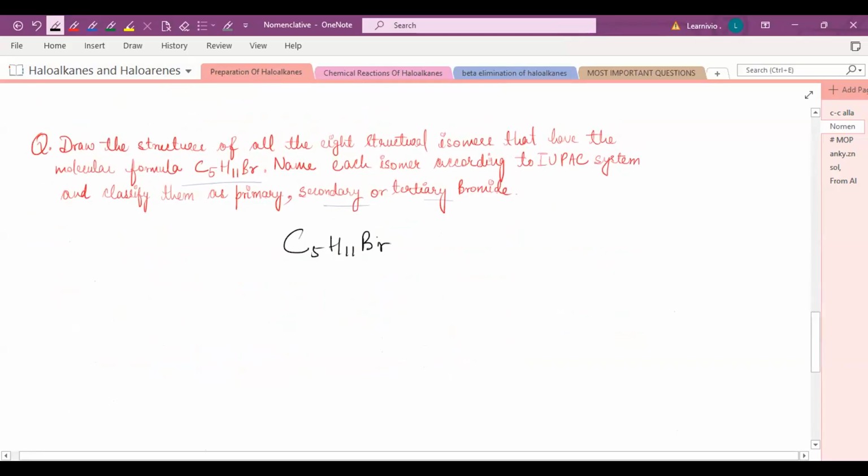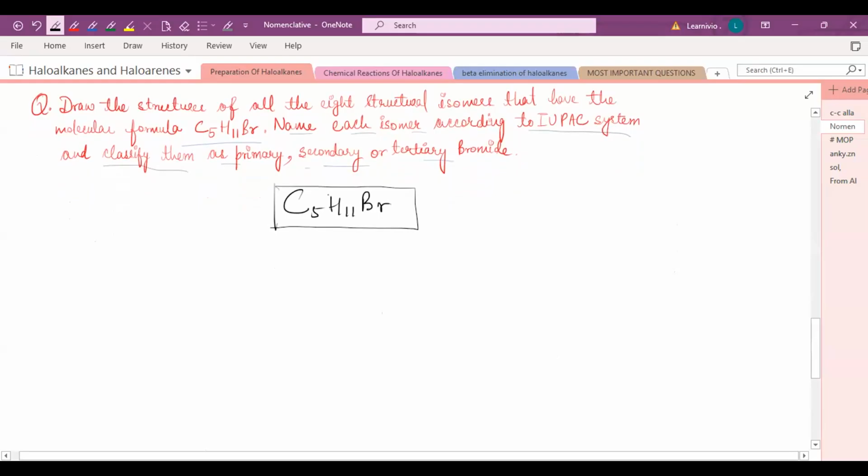Also we have to name each isomer according to the IUPAC system, and classify them as primary, secondary, or tertiary bromide. That's a very simple, very interesting question.